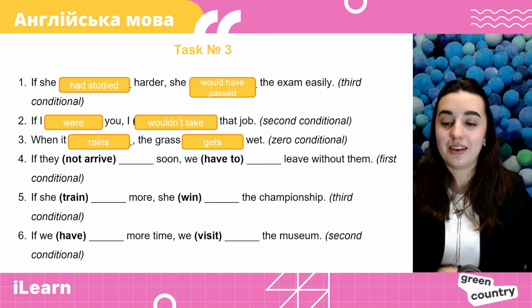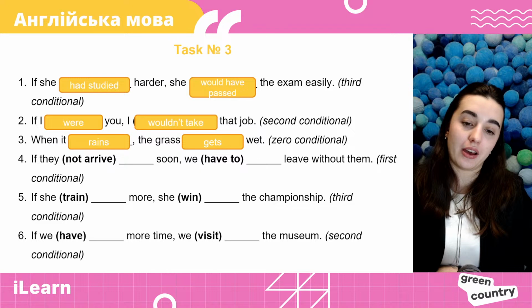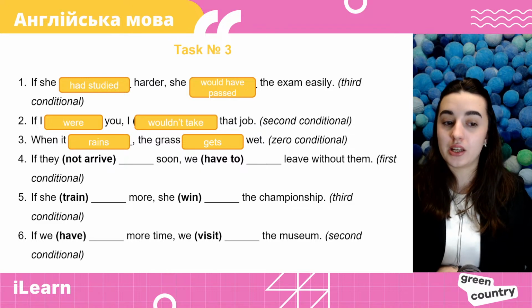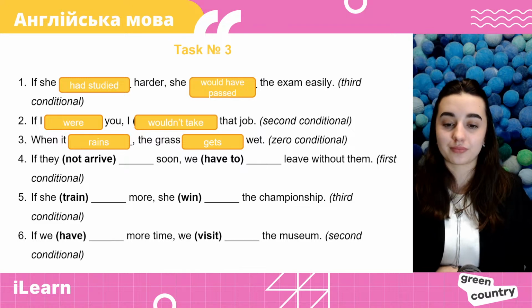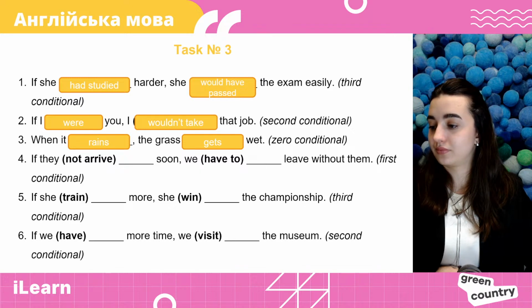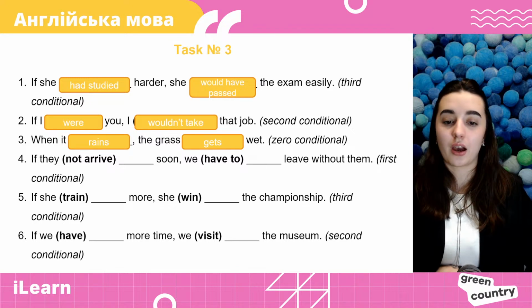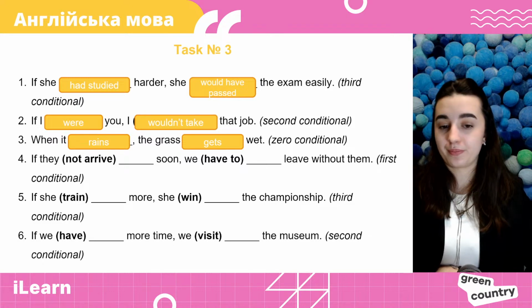Number 4. If they not arrive soon, we have to leave without them. First conditional. Okay, let's remember that have to, it's a modal verb.